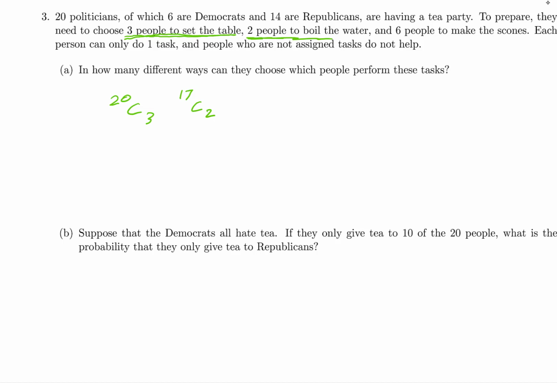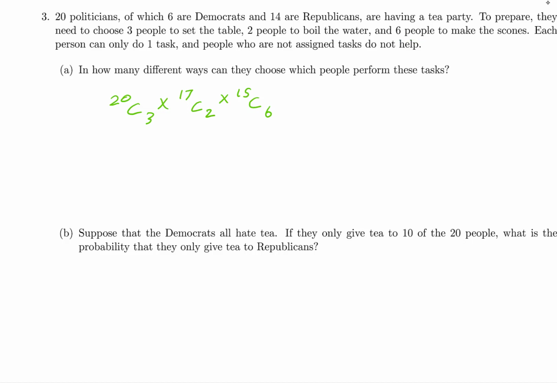We have only 15 politicians. Now how many people do we need for the next one? 6 people. Therefore 15 C 6. Now you see how many different ways we can pick for each job. Then you can apply the MN rule, so multiply these. This is the answer for part A.